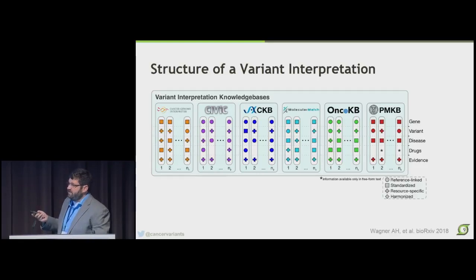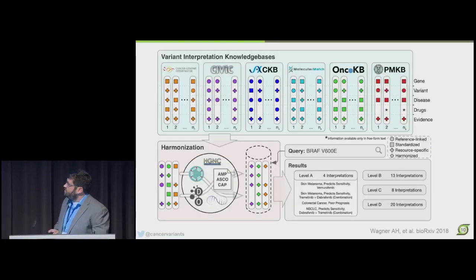And the types of data found within them can range anywhere from reference-linked data, so these are things like Ensembl or Entrez gene identifiers, to standardized but not reference-linked materials such as commonly used disease names, to resource-specific nomenclature. So these are like evidence levels as described by each one of these knowledge bases, and they all have their own independent standards.